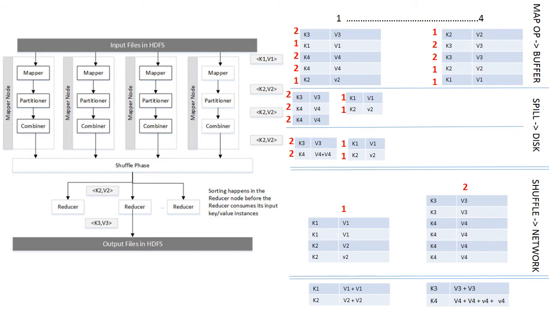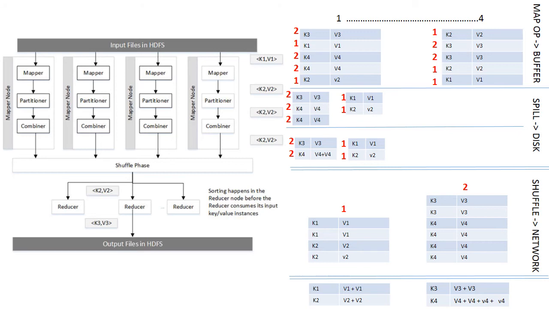Once the mapper, partitioner, and combiner are done, the reducers poll each mapper node and do a pull operation. For example, reducer 1 goes to mapper 1 and pulls this subfile, and it goes to mapper 2 and pulls the corresponding subfile, and so on.